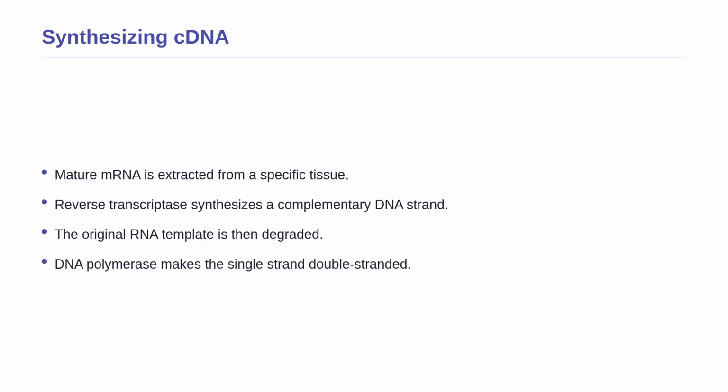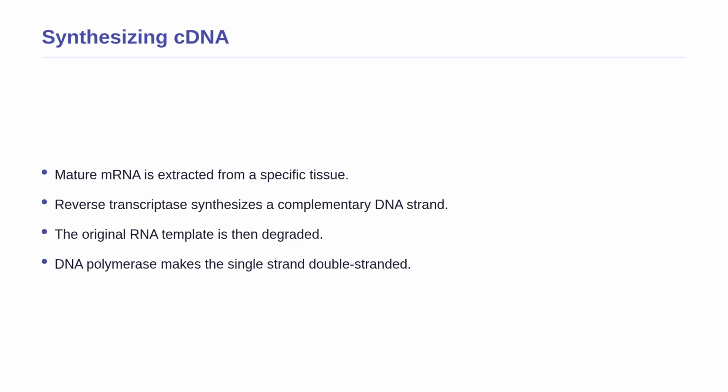Now that we understand the purpose of a cDNA library, let us explore how it is generated. To build this library, scientists first extract mature mRNA from a specific tissue. They then use a special viral enzyme called reverse transcriptase.